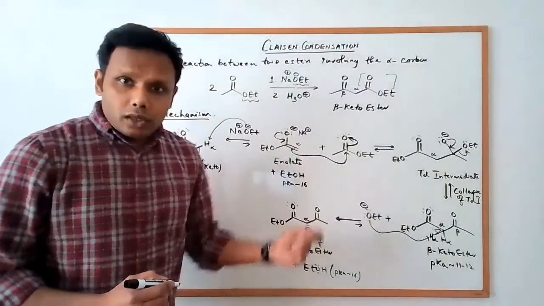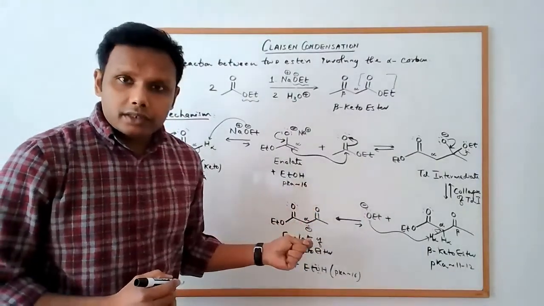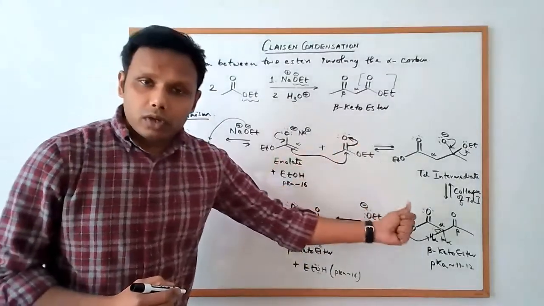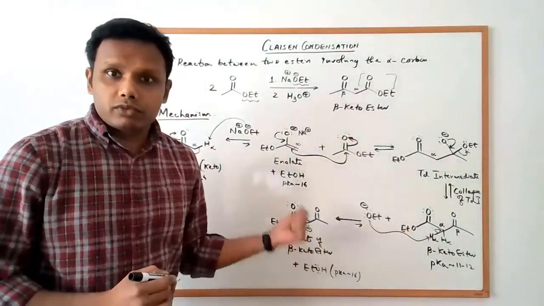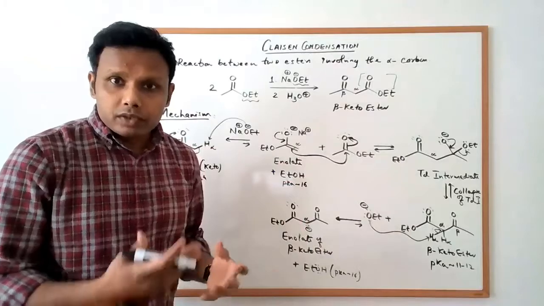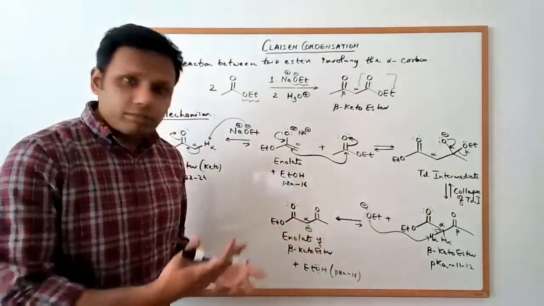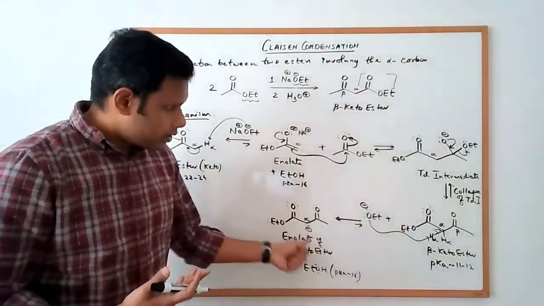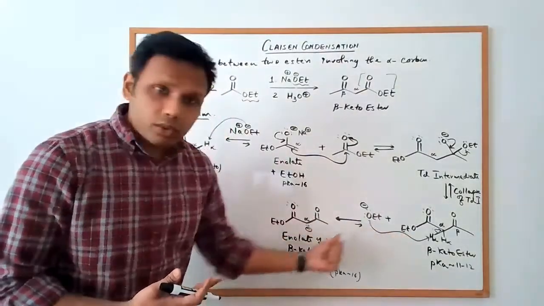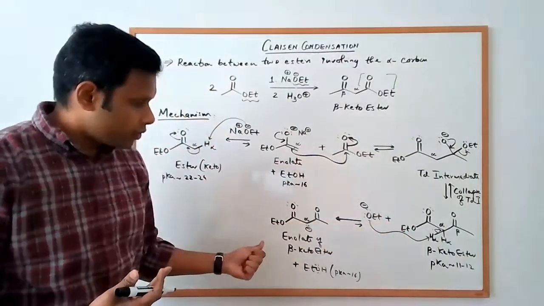Now, contrast this with the aldol reaction. In the aldol reaction, what made that whole reaction favorable was the formation of the alpha-beta unsaturated compound. So there was a stable compound formed there. So there, the stability of the compound pulls the reaction forward. Here, the favorable deprotonation of this beta-keto ester pulls the whole reaction forward.